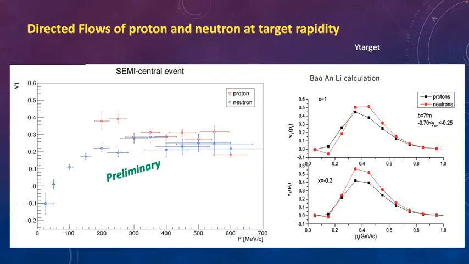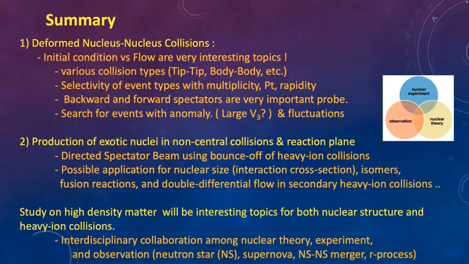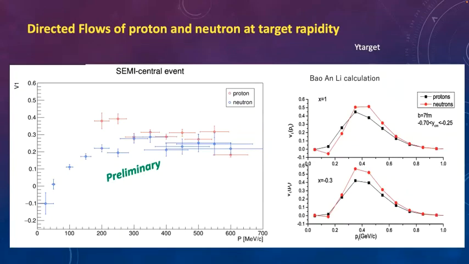Maybe it's too early to show, but it's preliminary, so don't take it seriously. We identify the reaction plane using forward detectors, we know the reaction plane resolution, and we try to see the V1 at target rapidity regions.